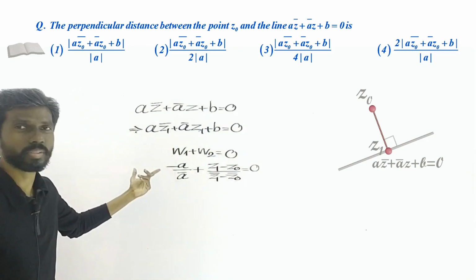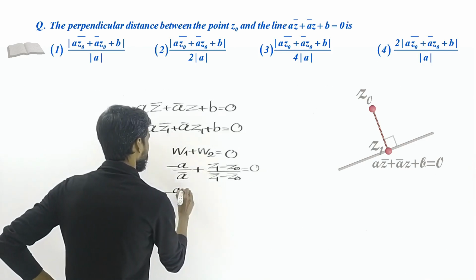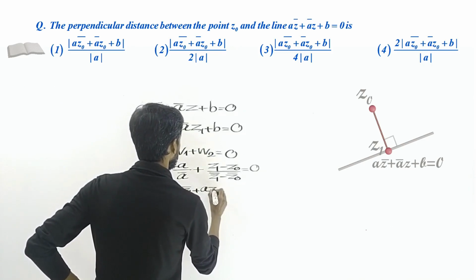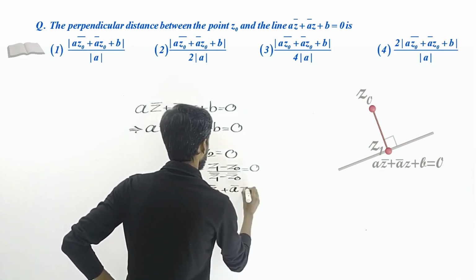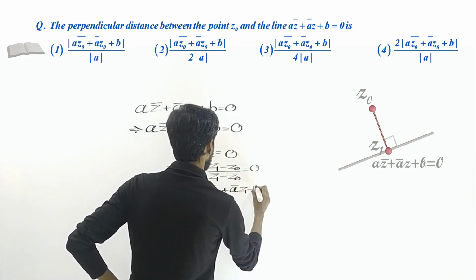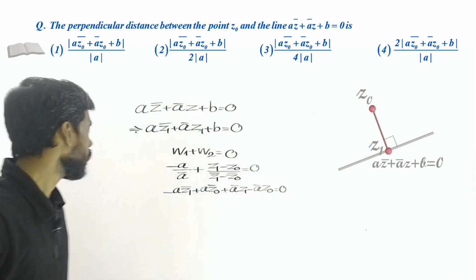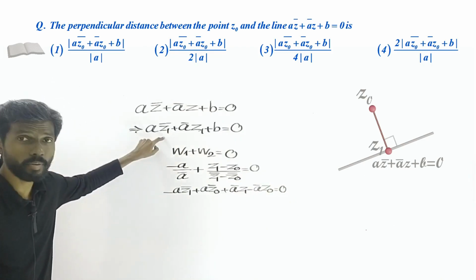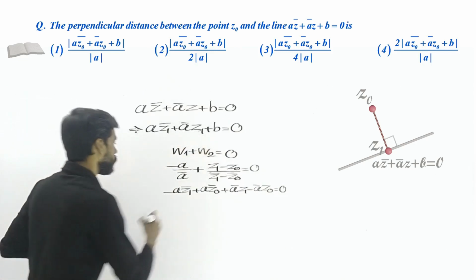Okay, now we'll have to simplify this, cross multiply. So what do you get? So minus a z1 bar plus a z0 bar plus a bar z1 minus a bar z0 equals 0. Okay, so here we can substitute the value of this a z1 bar from this, right? So a z1 bar can be written as minus of b minus a bar z1. So that can be substituted here.